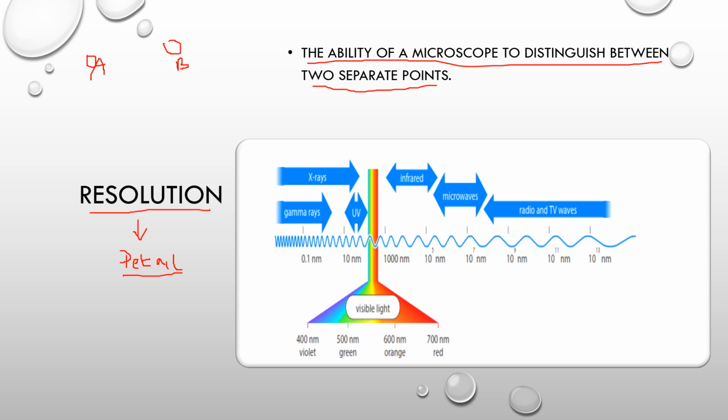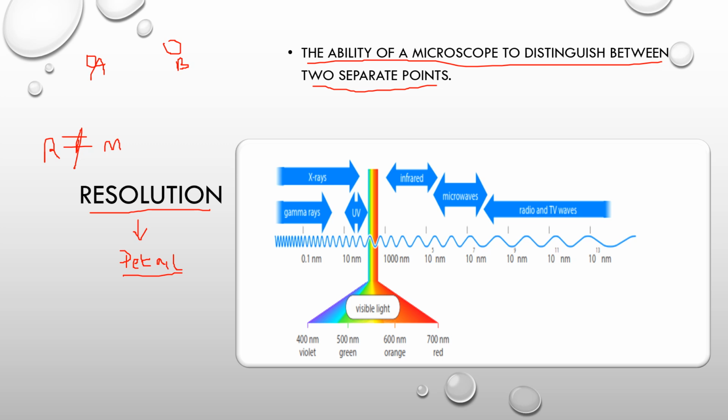Now guys, I want to say very importantly that resolution is not affected by magnification. If I call it R, there's no relationship between them at all. That means that even if you increase magnification, it does not affect resolution.